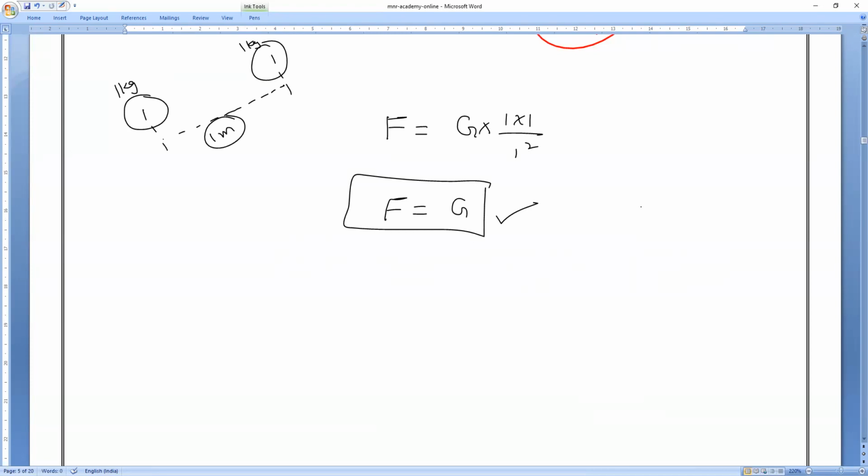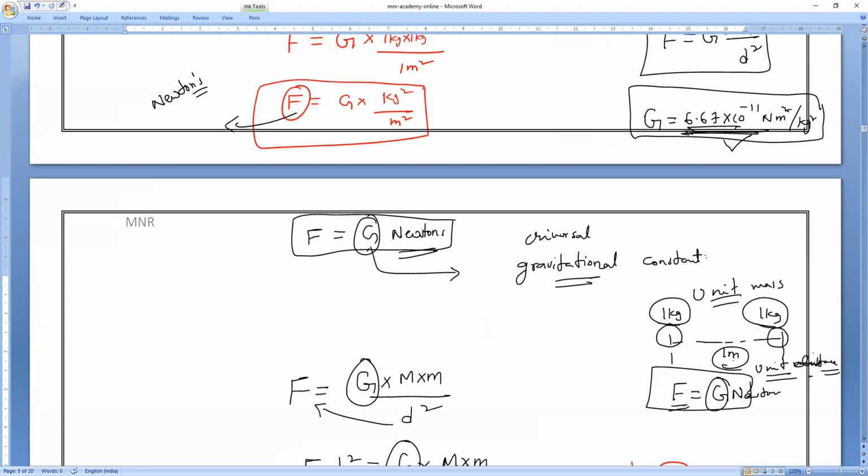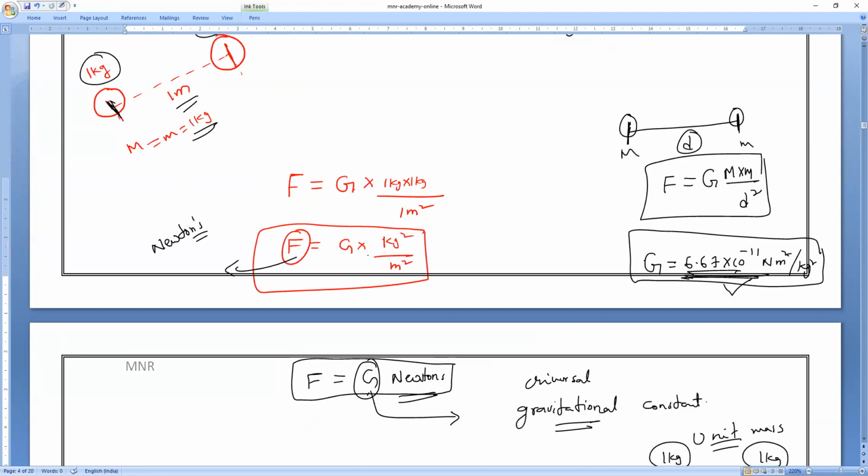Yes, Nivedan? Are you clear? So F is equal to G newtons. Sir, how, sir, G newtons? You can see that. What is the unit of G? Anybody can tell me? Newton meter square per kilogram square. Correct? So I will replace it.